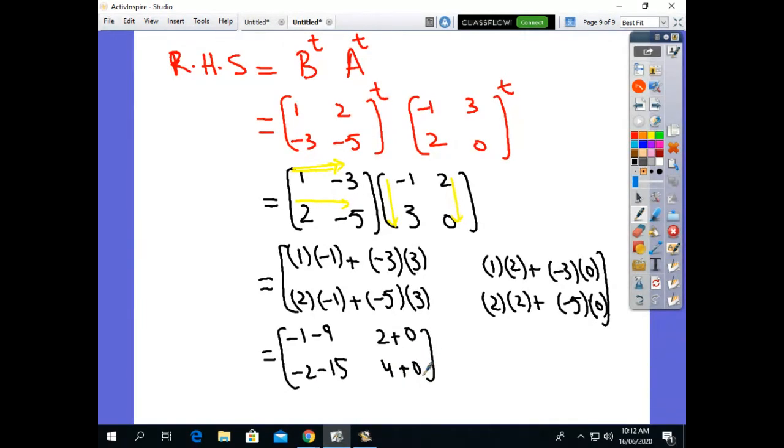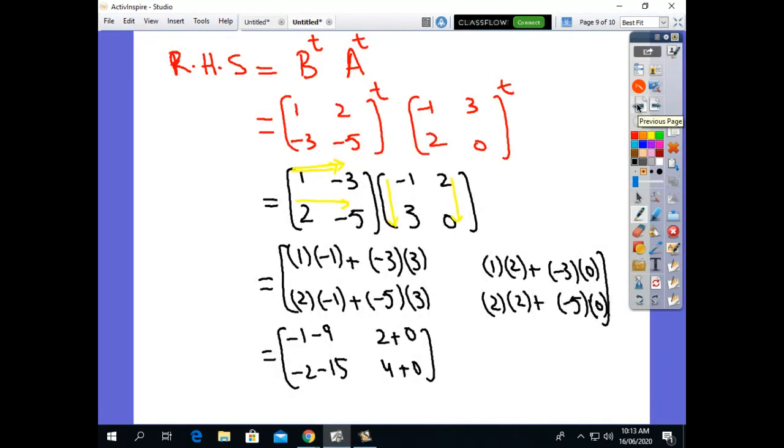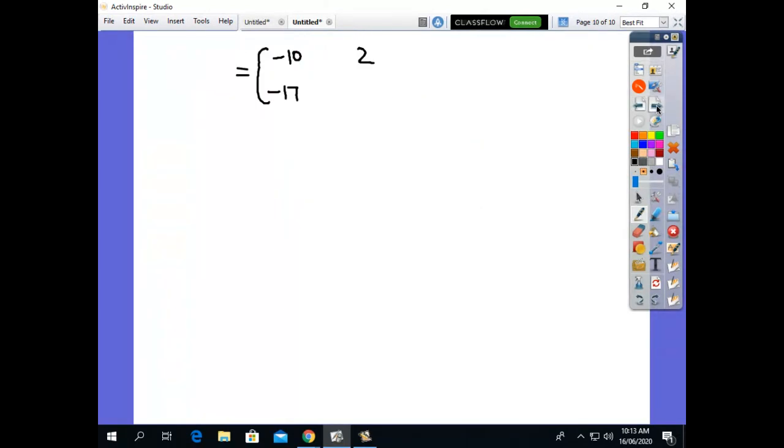After more simplification, it becomes -10, 2, -17, and 4.